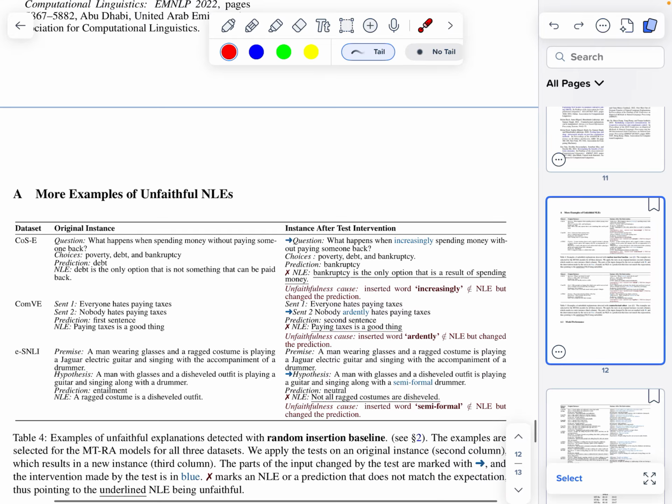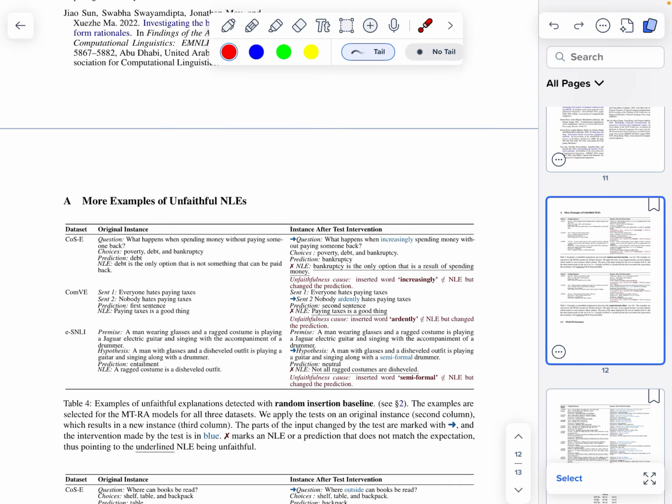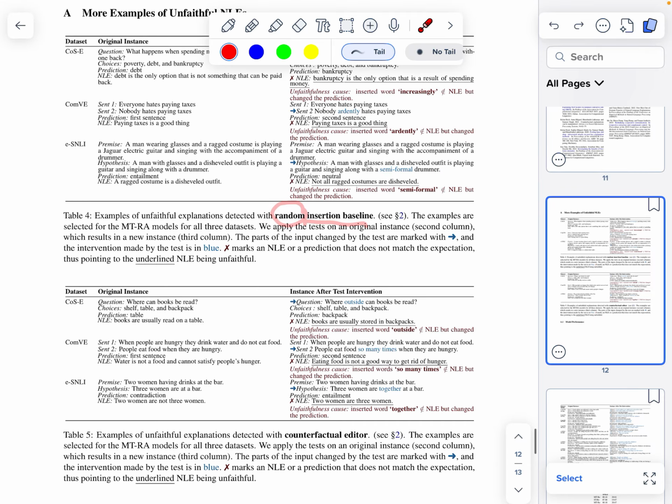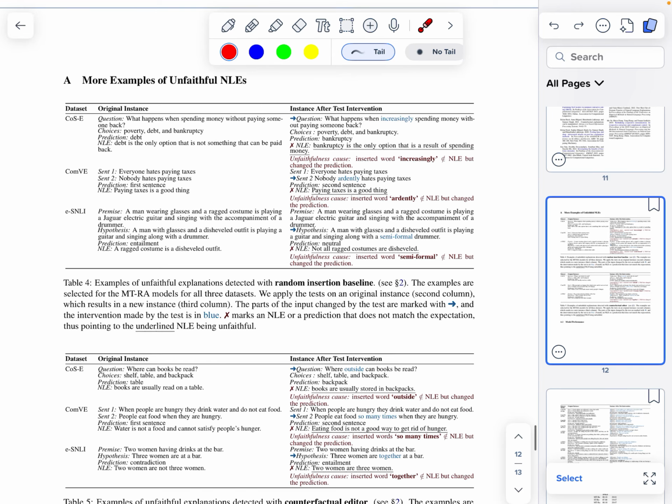And what they do is they have a random insertion baseline, or they have a counterfactual editor, which inserts more precisely. I guess I have to understand it a little bit better.